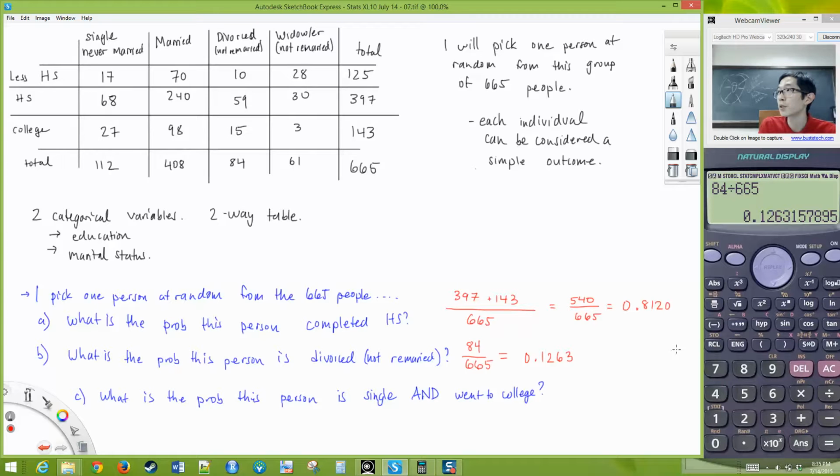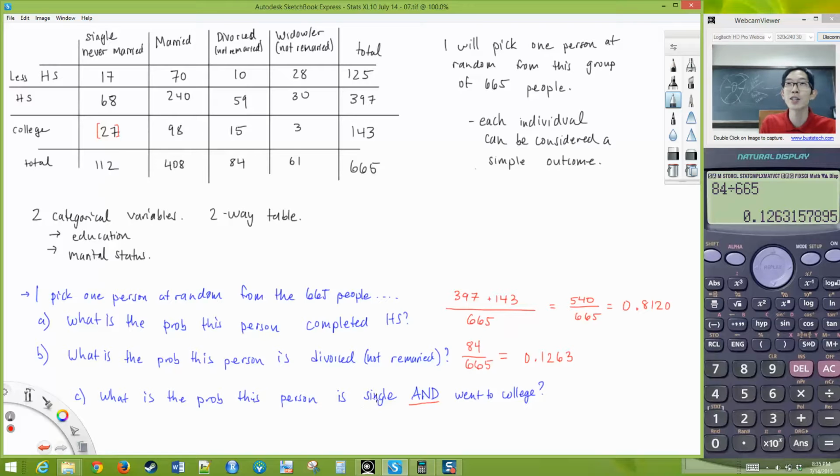So far, so good? Okay, and lastly, what is the probability that this person is single and went to college? Okay, so we have 27 people, and that's it. Well, I think it's sort of the same problem as before, because I assumed the divorced people. Okay, so I should have done single, never married, and went to college.